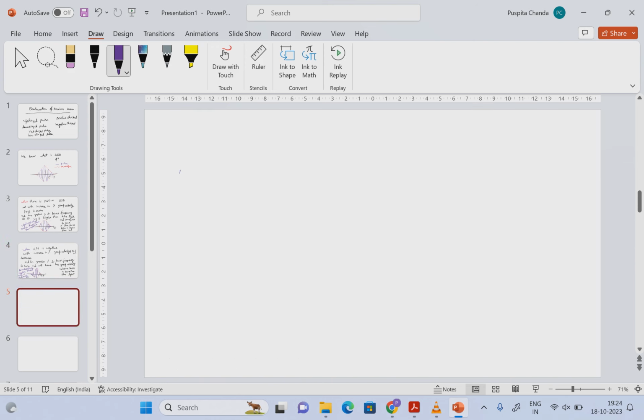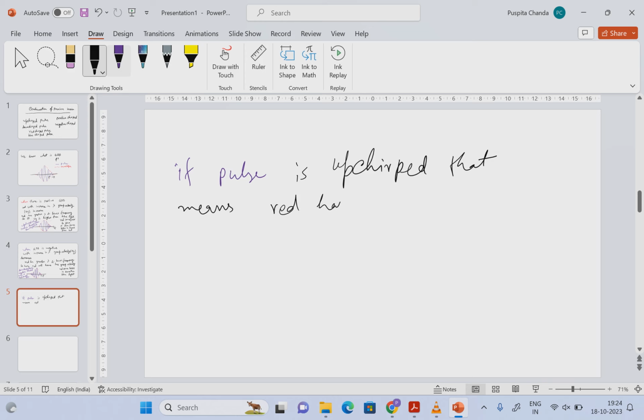Okay, so if the pulse is upchirped, that means red has arrived earlier.